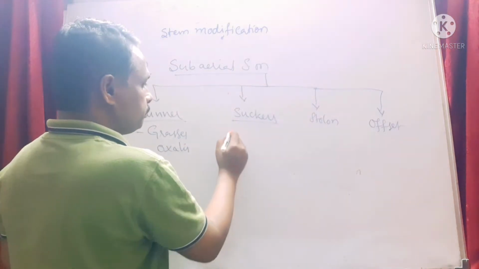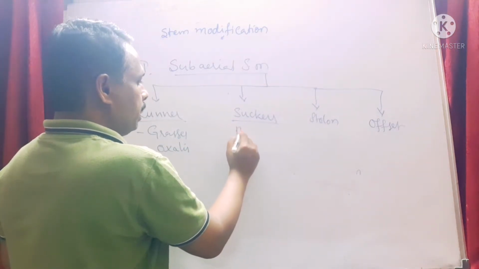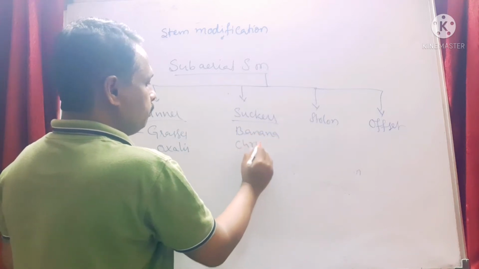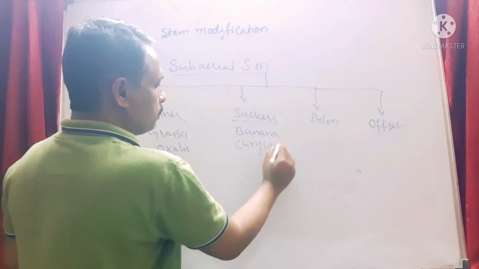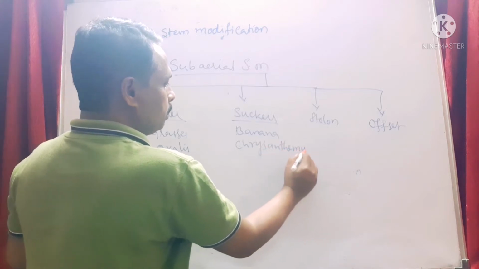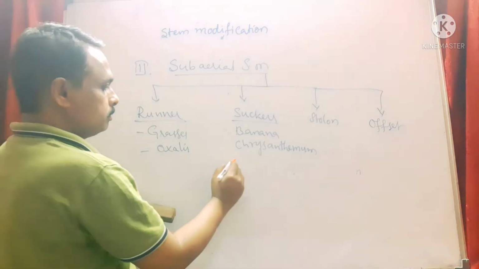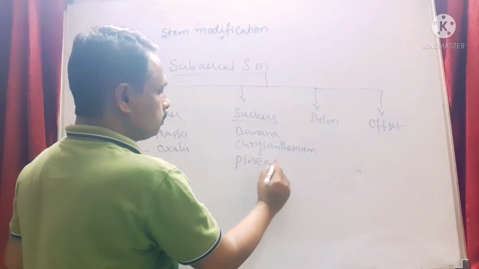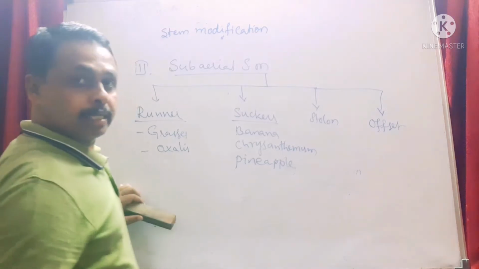Suckers, example: banana, chrysanthemum, and pineapple are the examples for suckers.